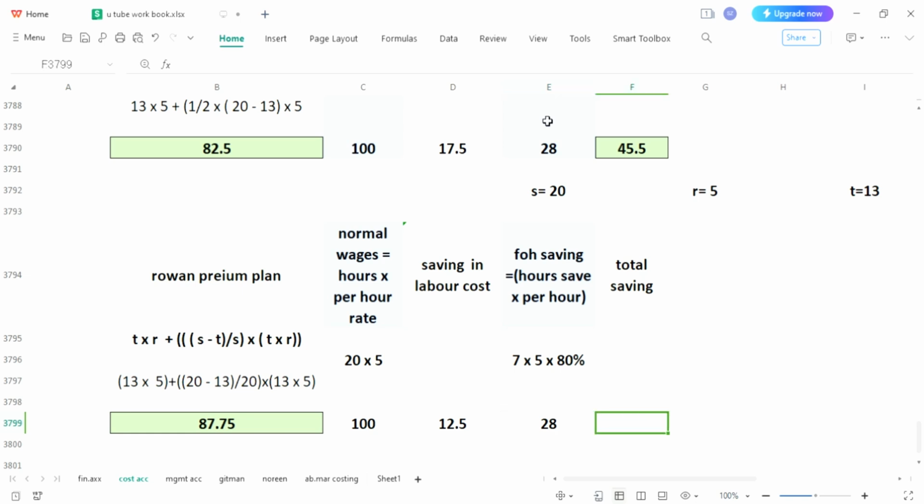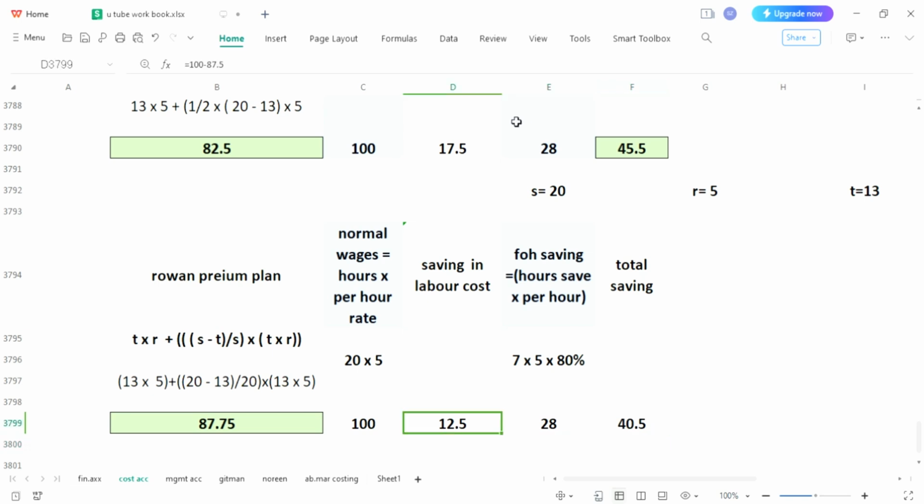Total saving we will be calculating, how much? 12.5 saving in labor and FH saving is 28. So total saving under Rowan plan we have 40.5.